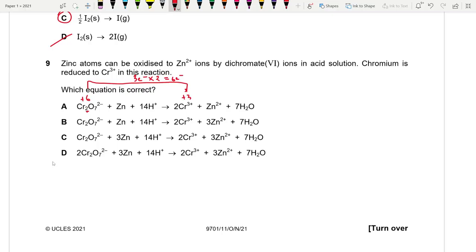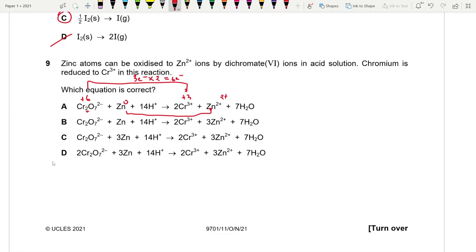On the other hand, zinc is oxidized from 0 to 2 plus, so it loses 2 electrons.